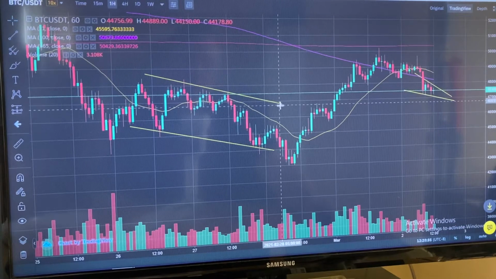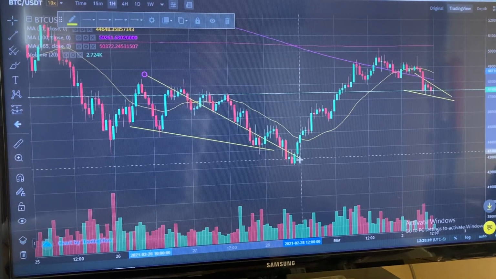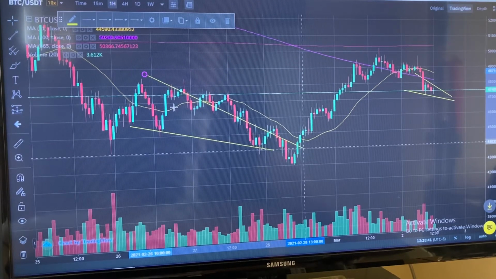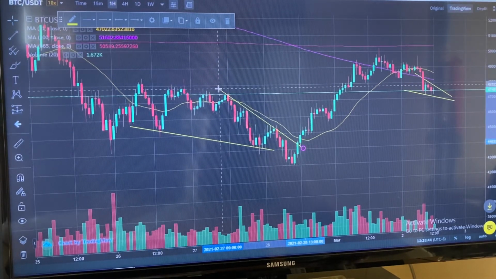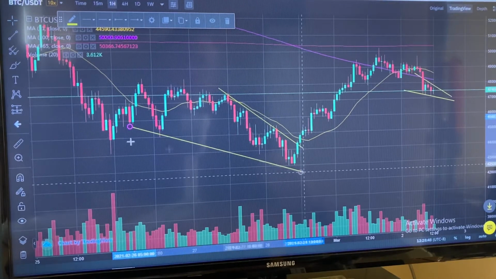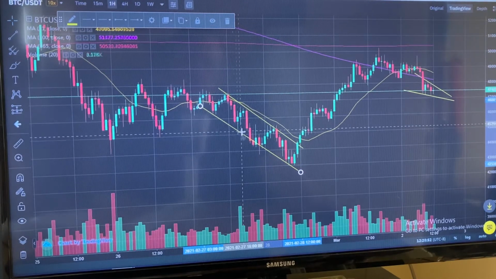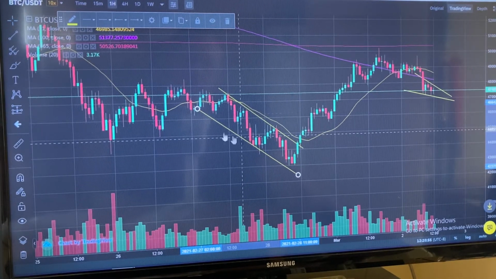So if we look at, say, this one here, let's move these over. Okay, here is a descending channel.